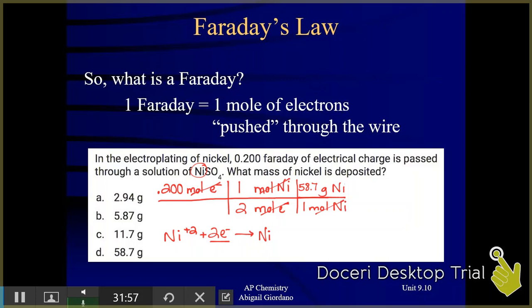What is 0.2 divided by 2? Well, that would be 0.1. 0.1 times 58.7 is 5.87. So B is my answer.